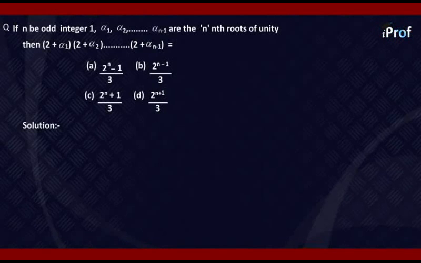Now we are given that 1, alpha 1, alpha 2, alpha 3, ..., alpha n-1 are the nth roots of unity.